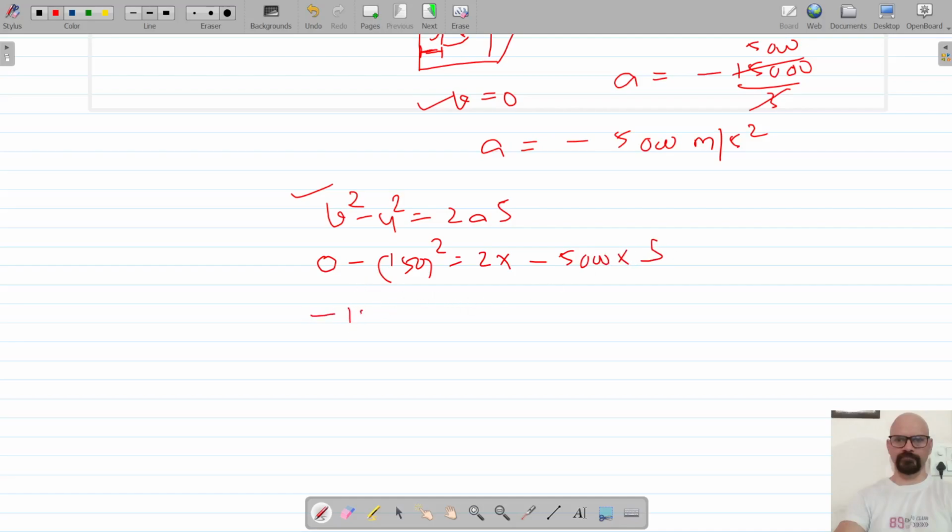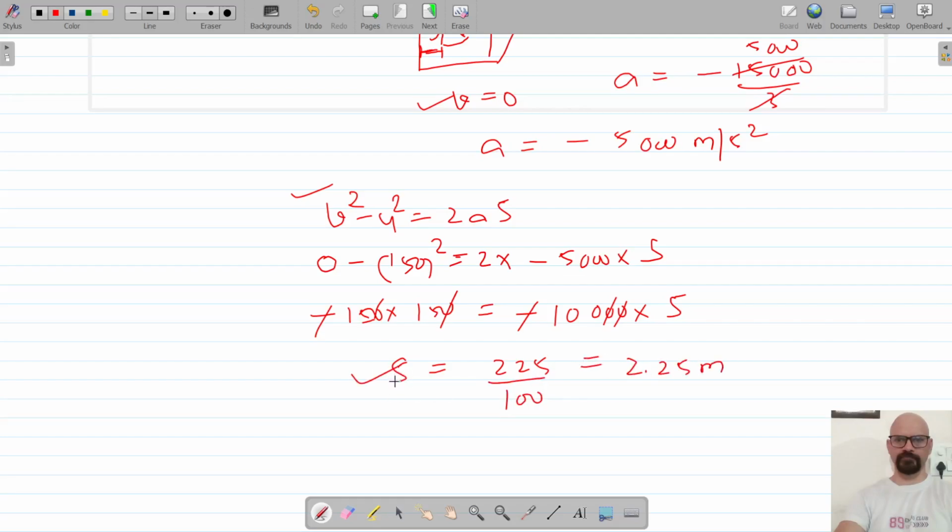So this is negative 150 into 150 equal to negative 10,000 into distance. So the negatives get cancelled. 2 zeros cancel off, and s is equal to 15 into 15 is 225, has to be divided by 100. So that is equal to 2.25. So this is the distance of penetration by the bullet, which is 2.25 meter.